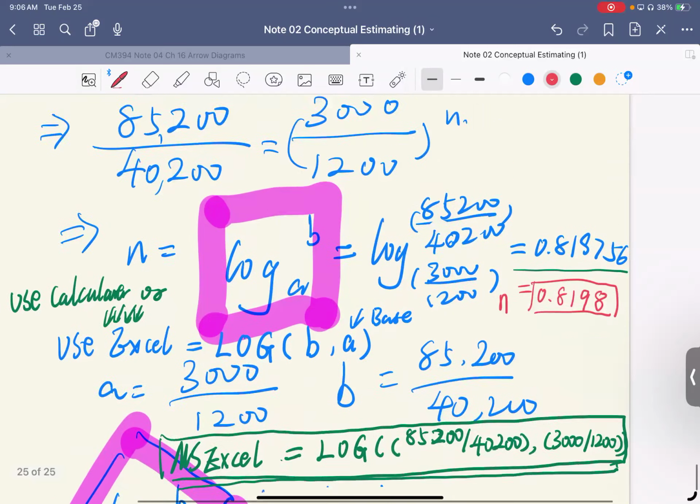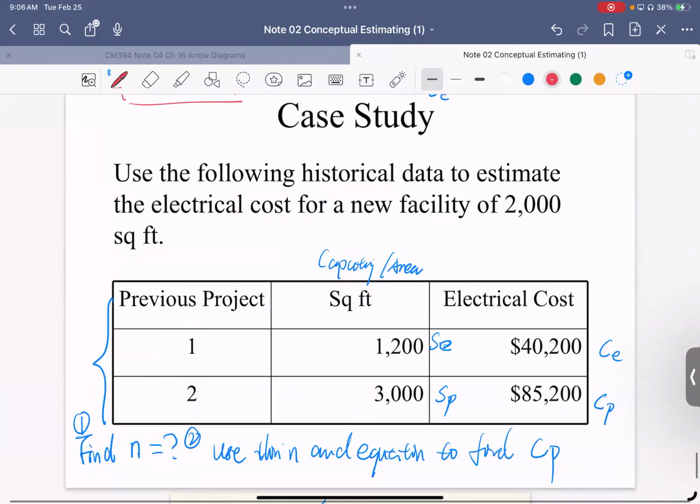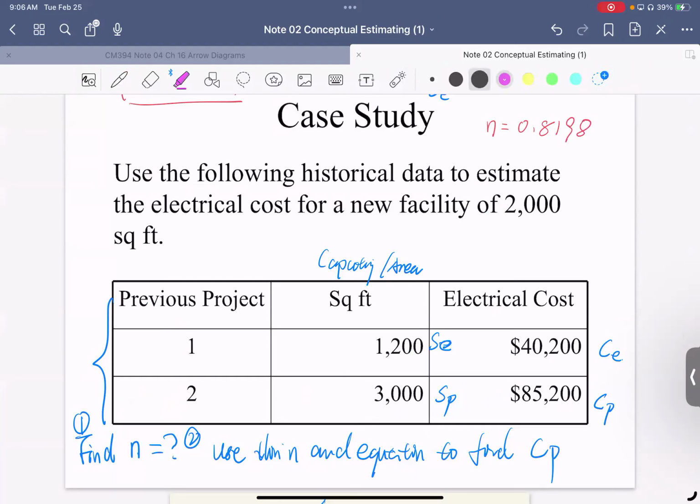So we come back to see the problem statement. We get n here is equal to 0.8198.